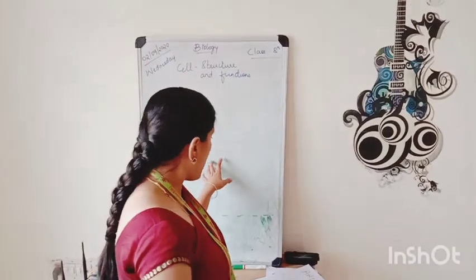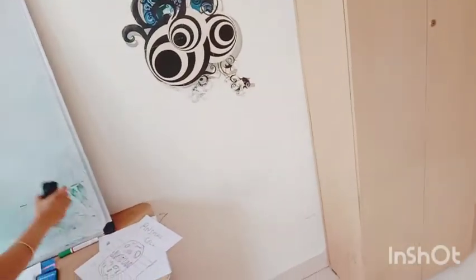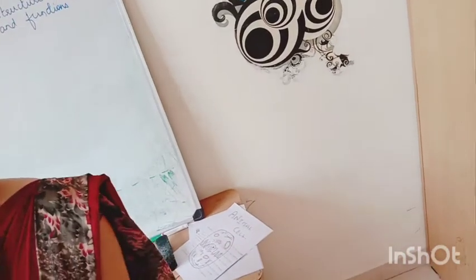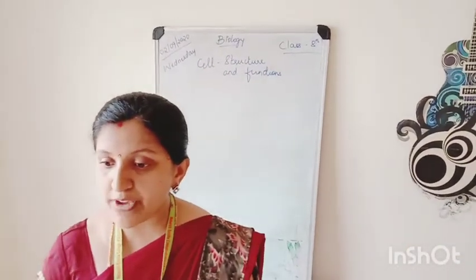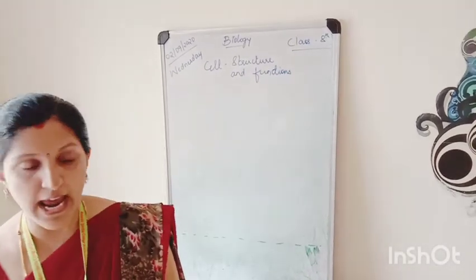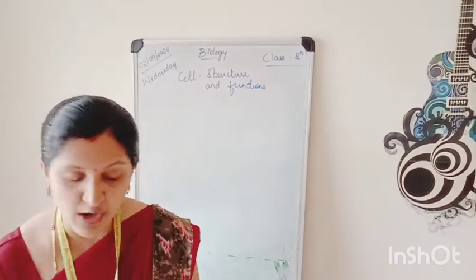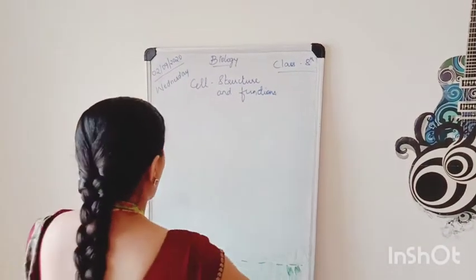Depending on the number of cells present, we name them unicellular or multicellular organisms. If an organism has only a single cell, we call it a unicellular organism.